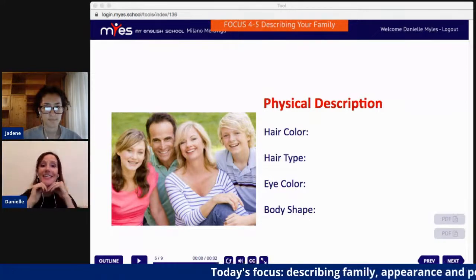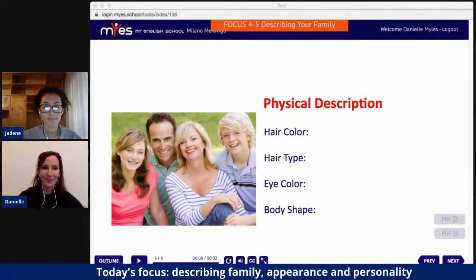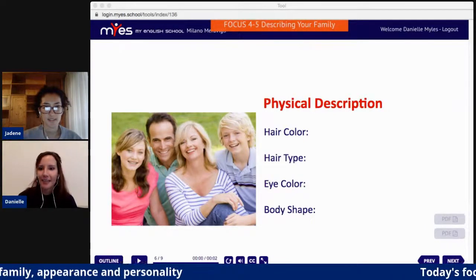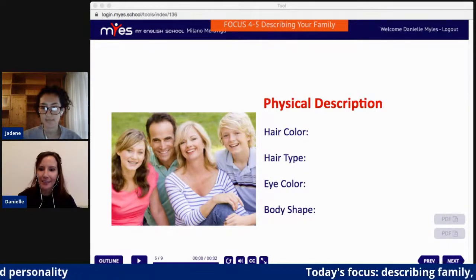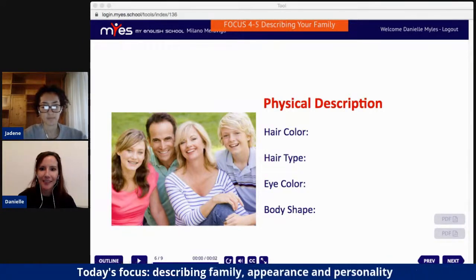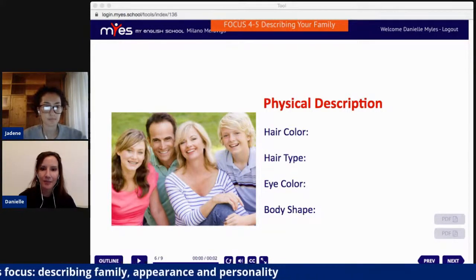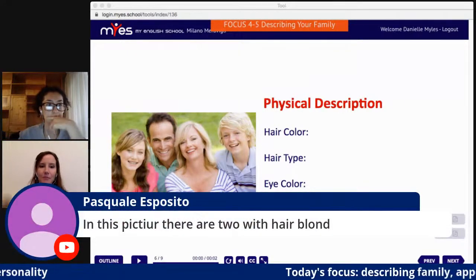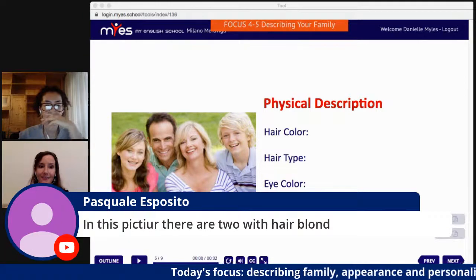I love ginger hair. I think ginger hair is beautiful. Okay, we've got another. Pascal has said in this picture there are two with hair blonde. Well done. We should say blonde hair.